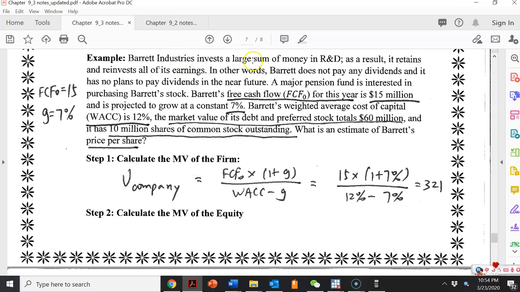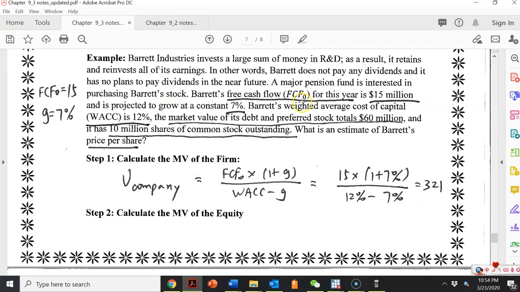This firm invests a large sum of money in R&D. As a result, it retains and reinvests all of its earnings. In other words, this firm does not pay any dividends, and it has no plans to pay dividends in the near future.